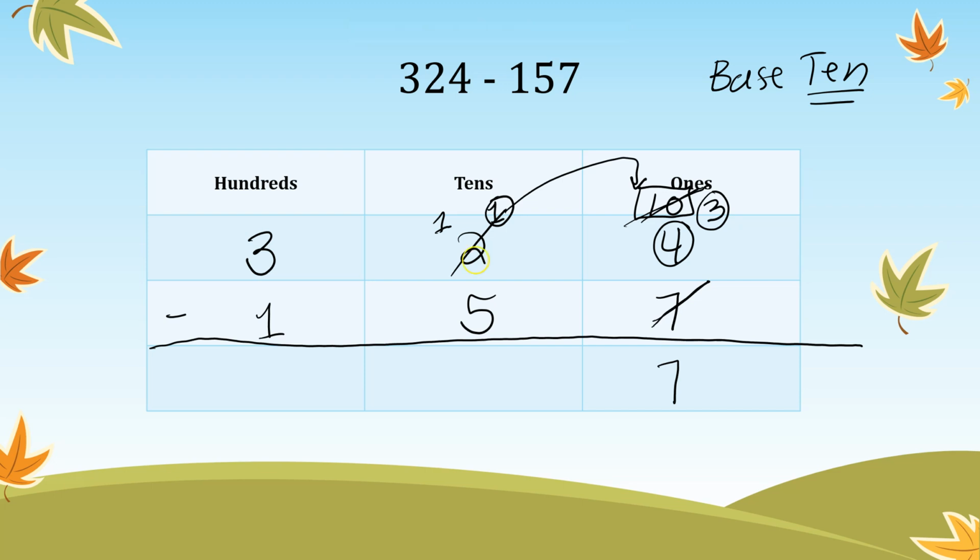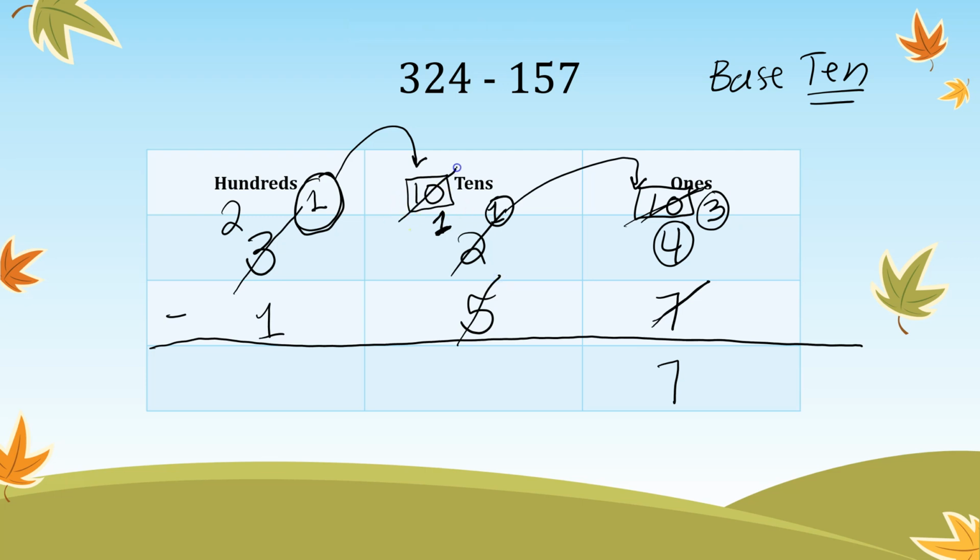In the tens place on top, I only have 1 left. That's not going to be enough to take the 5 from. So I am going to need 1 exploding dot, and the 2 is left there. This exploding dot, when it goes down 1 level, is a full group of 10.